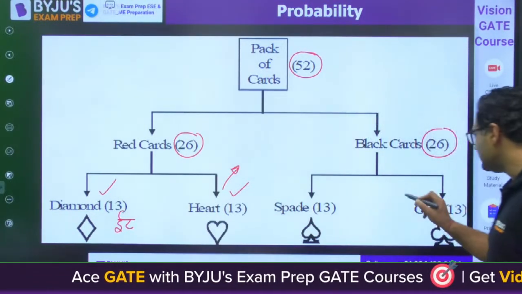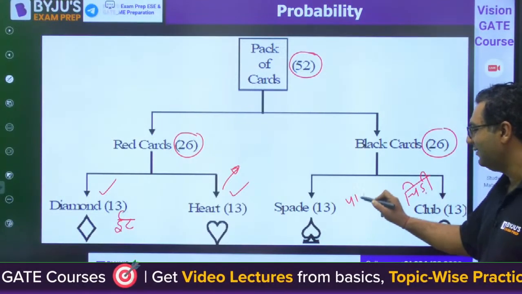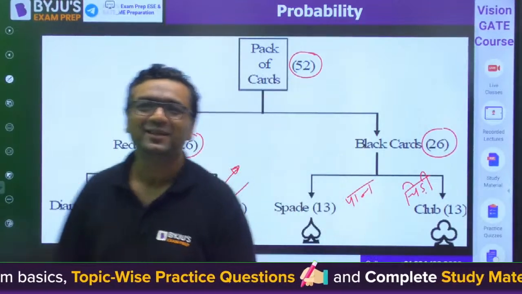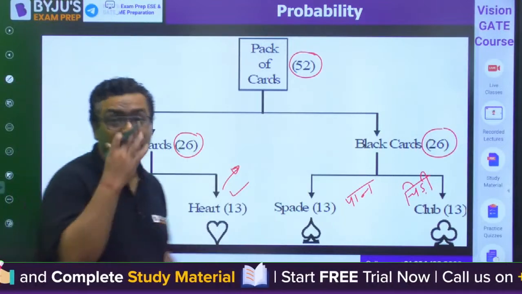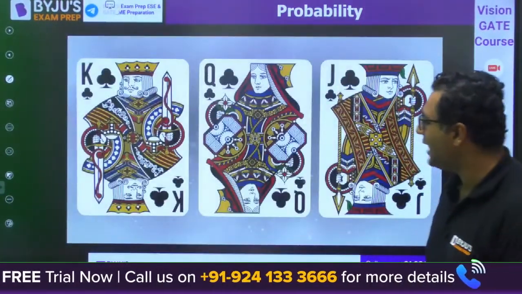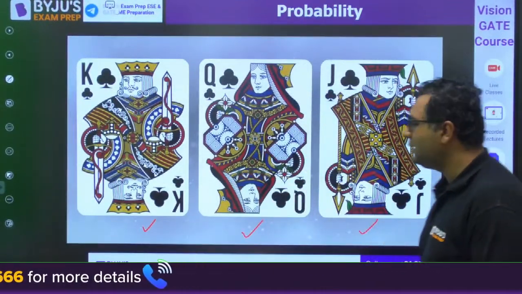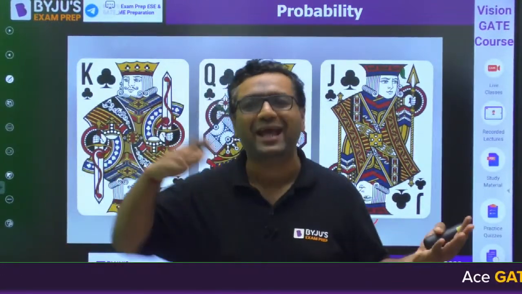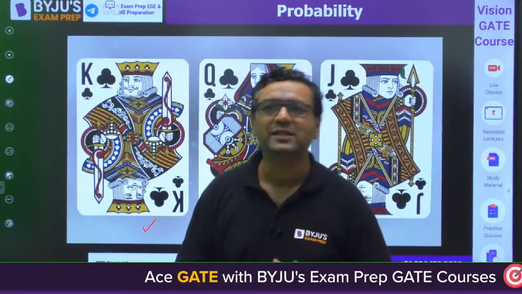Anybody remember? This is chidi. Anybody remember? Pan. Yes, in Hindi, what do we call them? Okay, so guys, now we are starting. These are the details which are required for the card problems. One more thing, guys, these are said to be the face cards, and other than these, whatever cards are there, ace and 2 to 10, they are said to be the place cards.